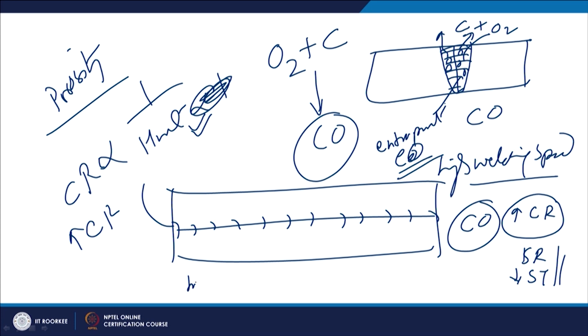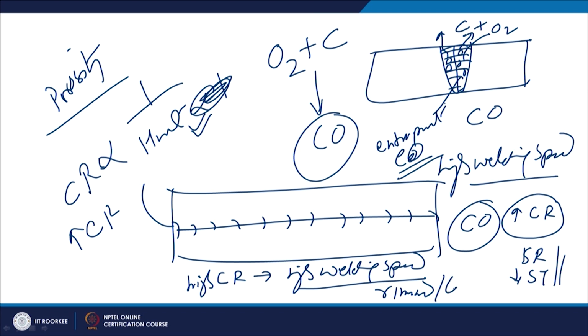So, the high cooling rate caused by the high welding speed during welding, coupled with the rimmed or capped steel having a higher concentration of oxygen leading to the formation of CO, eventually, due to the high cooling rate, the entrapment of the CO leads to the development of pores.